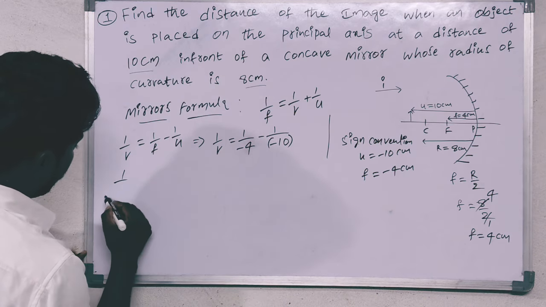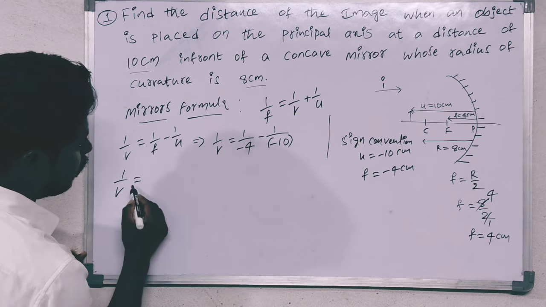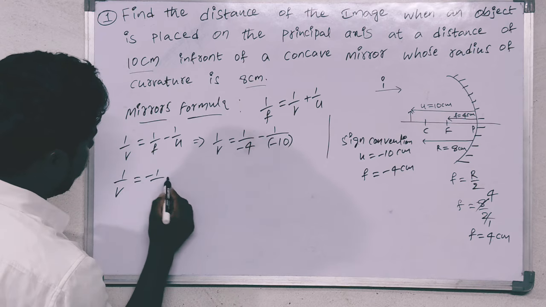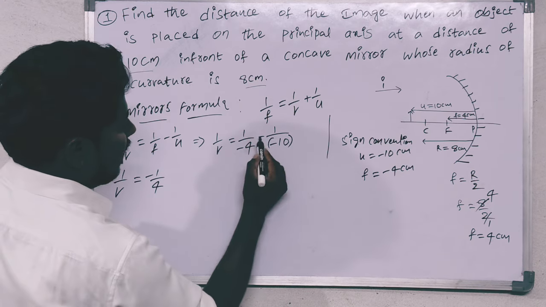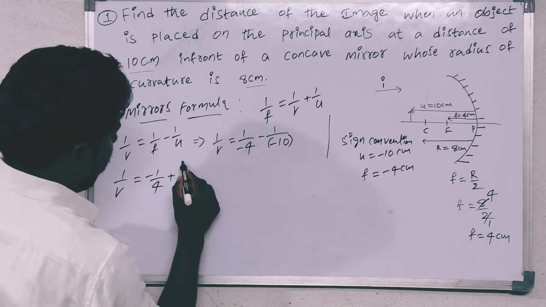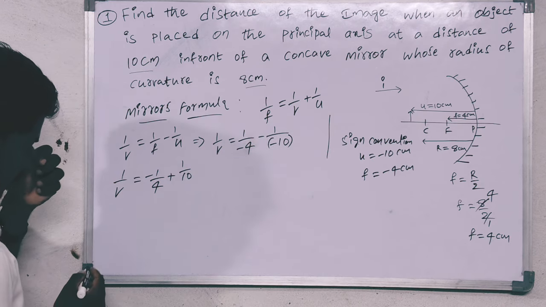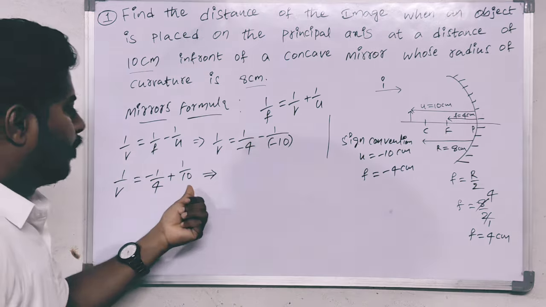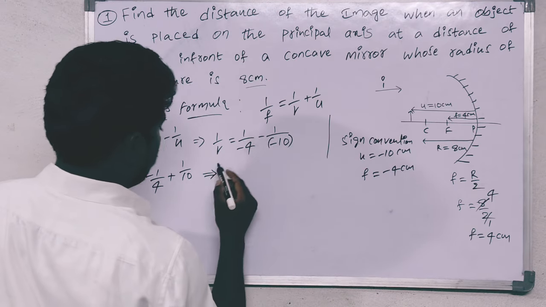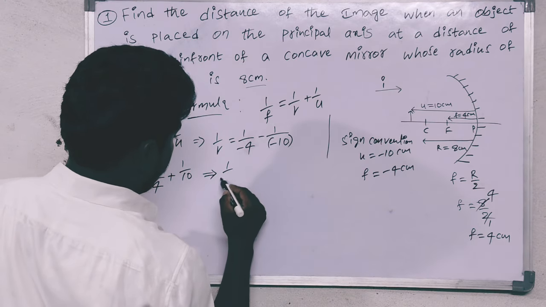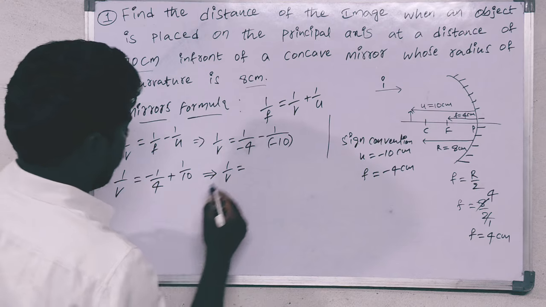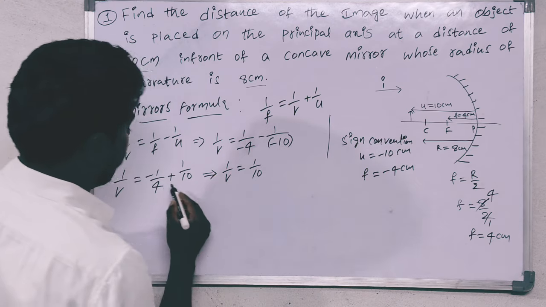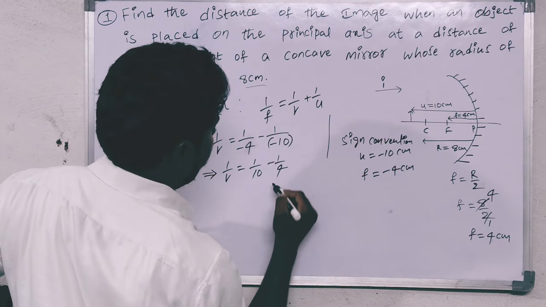Now 1 by V equals minus 1 by 4, and minus into minus is plus, 1 by 10. Write the positive value first. So 1 by V equals 1 by 10 minus 1 by 4.